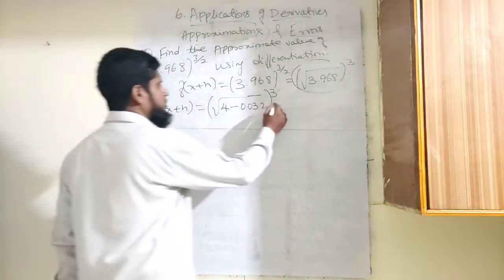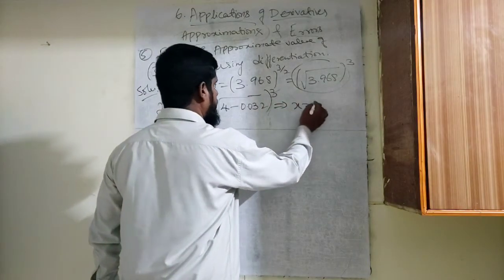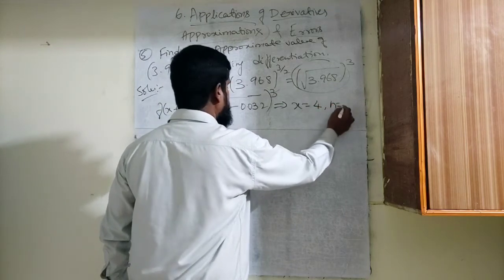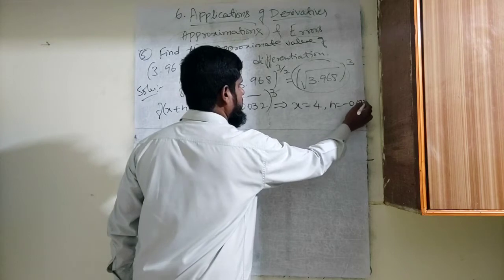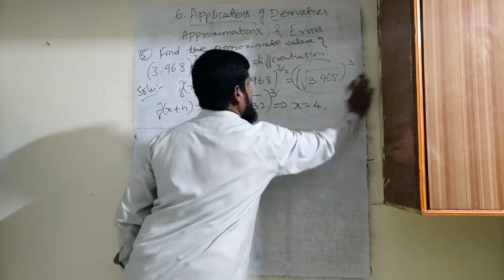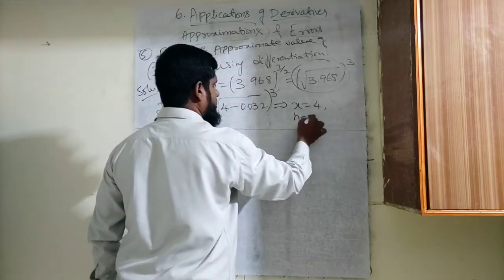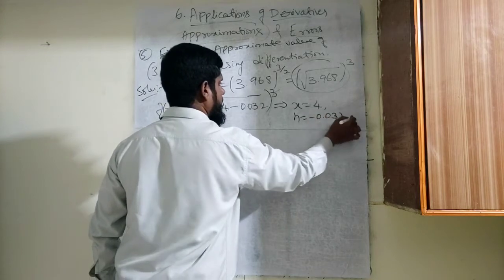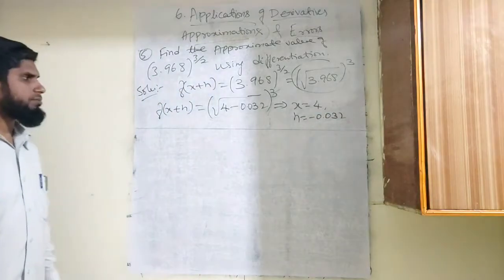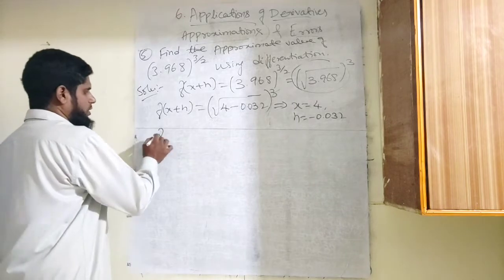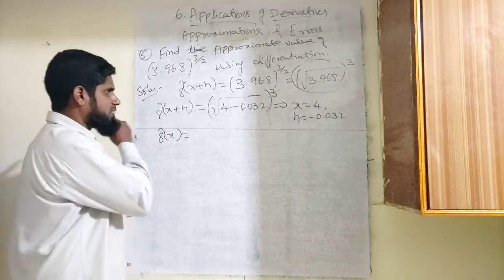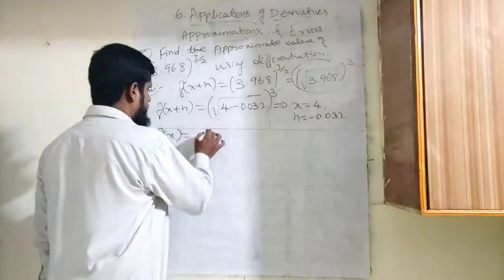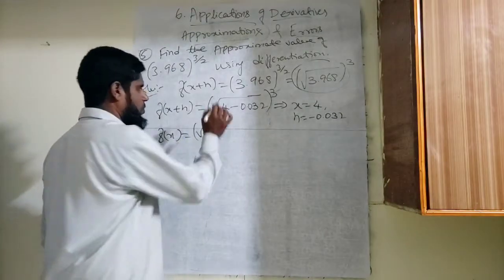With this, I can easily write the value of x is 4. h is equal to minus 0.032. So what is our f of x? Obviously our f of x is square root of x whole cube.